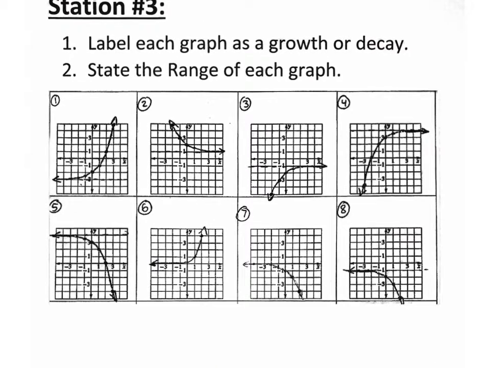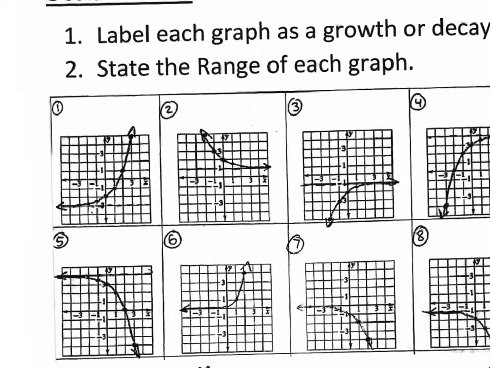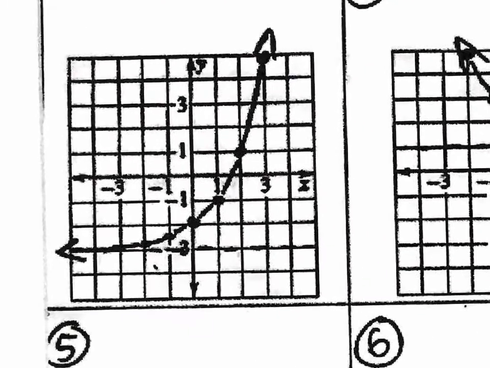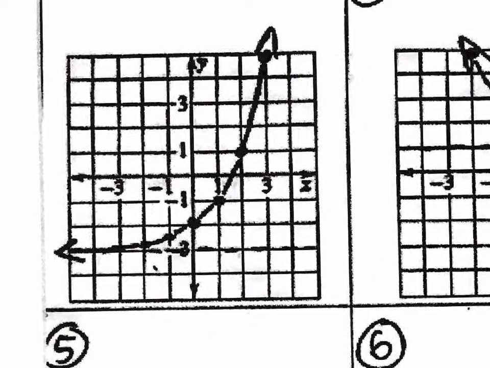I think this is a good one to analyze. Let's look at a bunch of graphs and state if it's growth or decay, all right? The way to look at these graphs, you have to look at them like you're reading a sentence. How do you read a sentence? From left to right. So from left to right, where's it going?